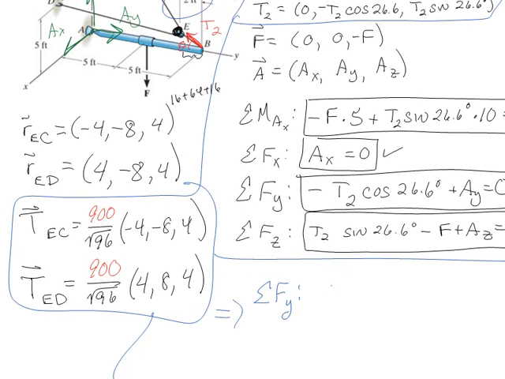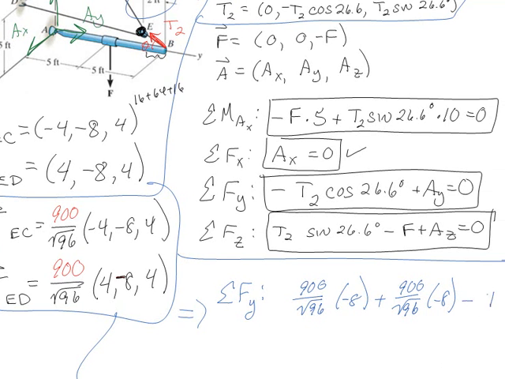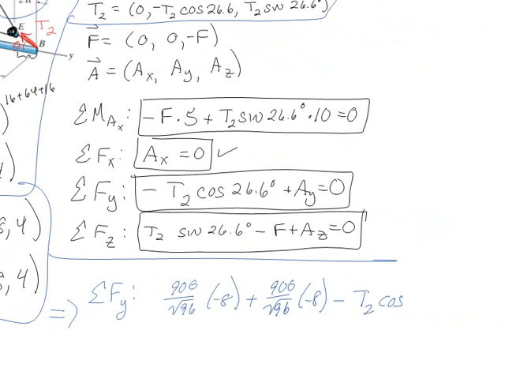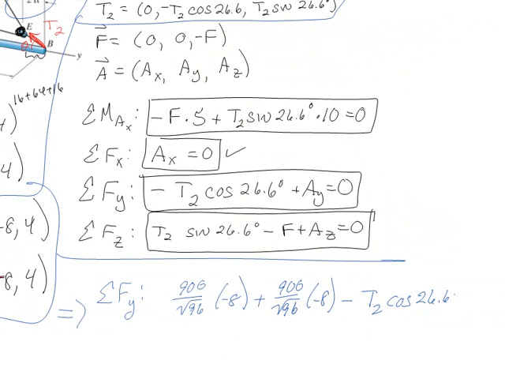So in the y direction, I've got 900 root 96 times -8 plus 900 root 96 times -8 minus T2 cosine 26.6 equals 0.